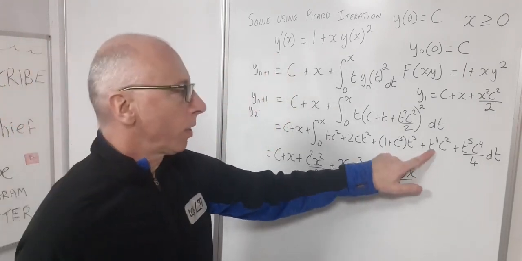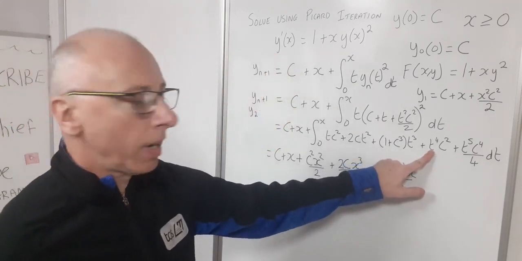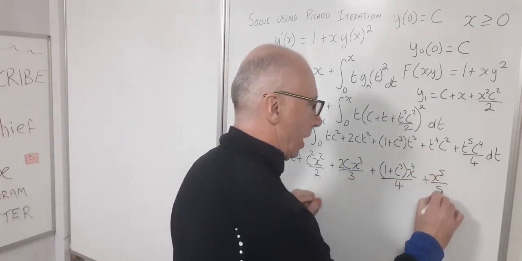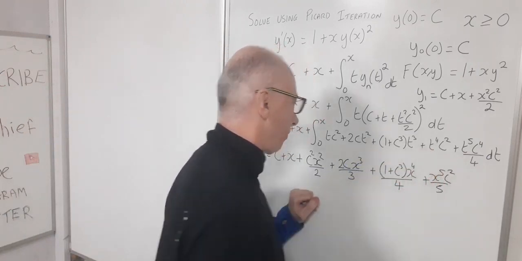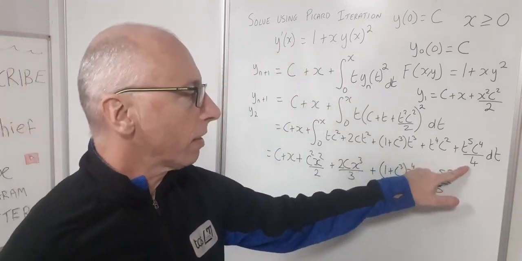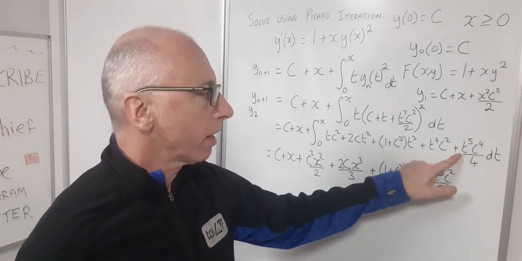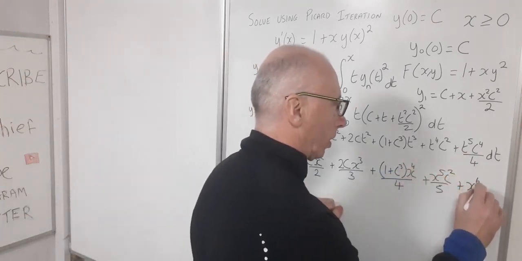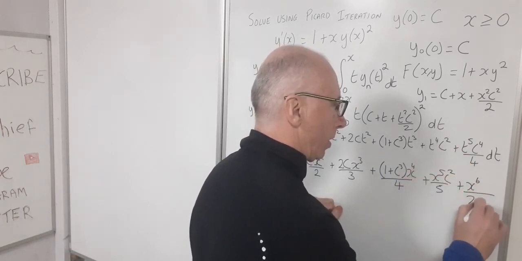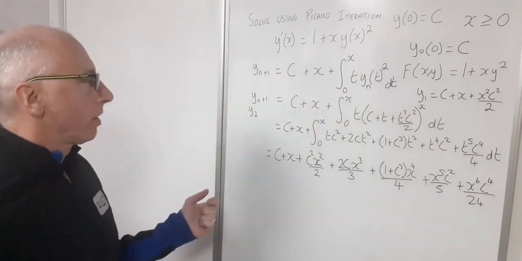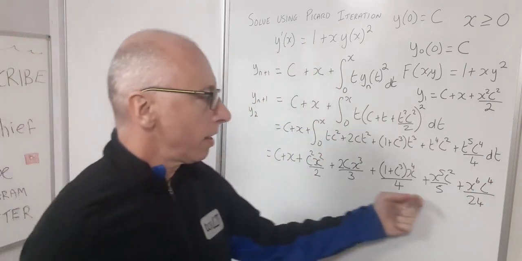Next one here, straightforward, I've got a t to the 4, so there'll be x to the 5 over 5. And c squared. And then here, that will be t to the 6 over 6. So that becomes x to the 6 over 24. And then c to the 4. Okay, so that's my second term in the series.